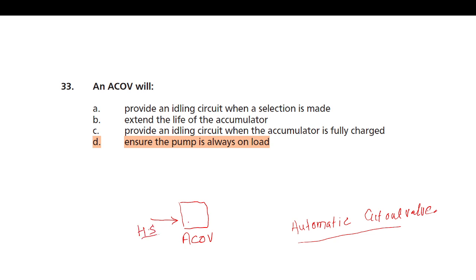The function of ACOV is to ensure the pump is always on load. Here, the pump is supplying the hydraulic, and when it is supplying, the ACOV ensures that the pump is always on load. So these are the examples.